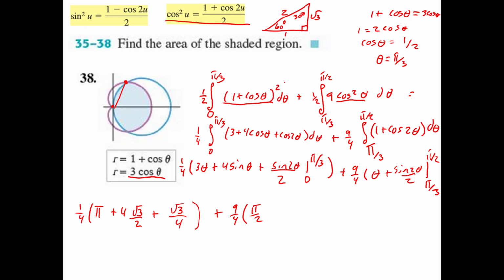And when you put in pi over 3 minus, you get pi over 3 plus the sine of 2 pi over 3, which is again the square root of 3 over 2. And there you go. You can clean that up on your own. And there we go.